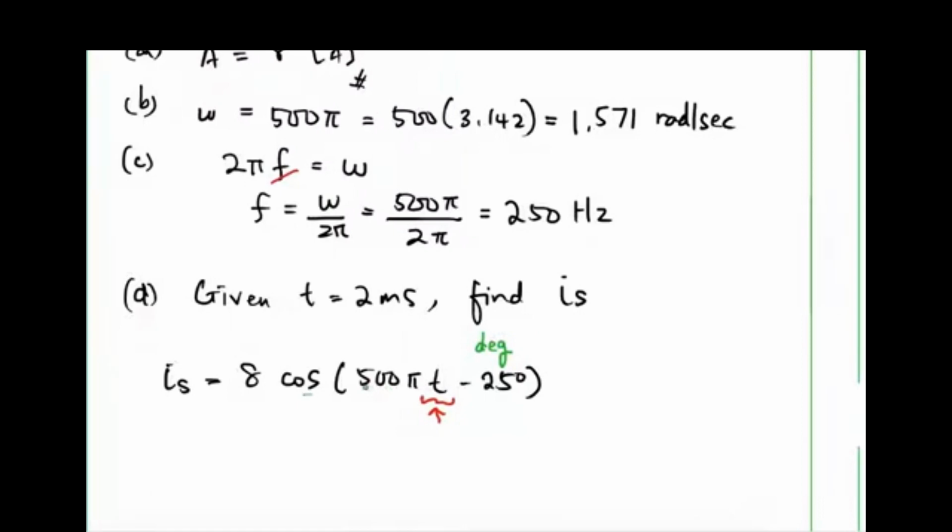The left one is omega t, where 500 pi is omega. The unit of omega is radian per second, and you multiply that omega by t. T is in seconds, so this term gives you a unit of radian.